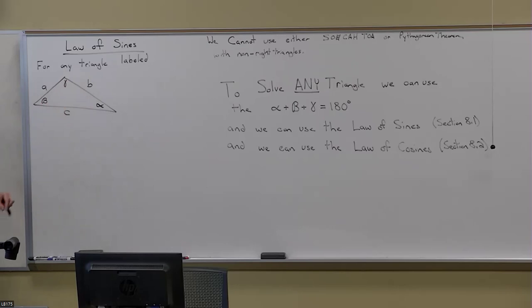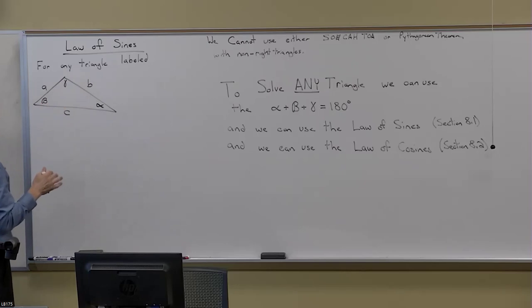In a right triangle, gamma had to be 90 degrees. But now we're saying gamma can be any measurement. So we're going to label our triangles the same way we did earlier. That's what it comes down to.